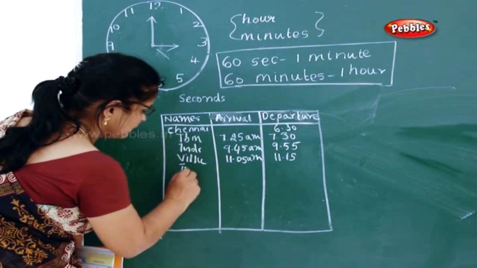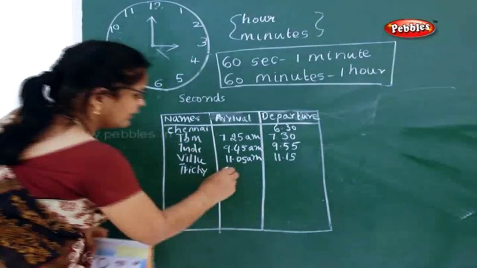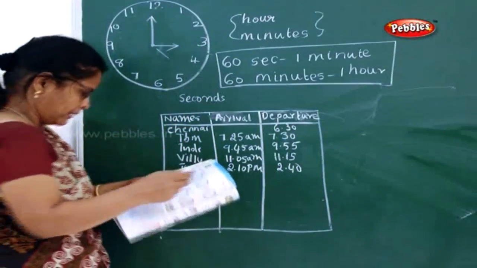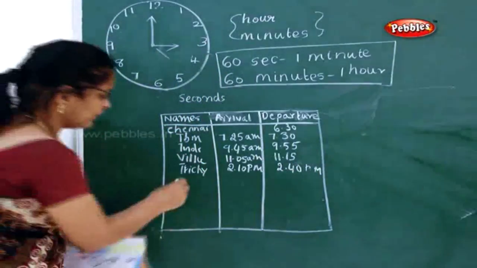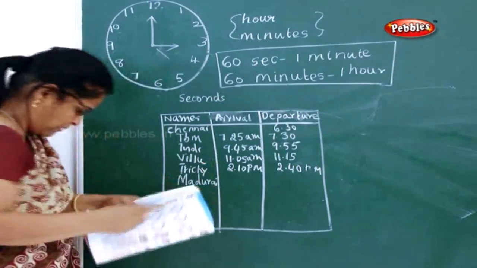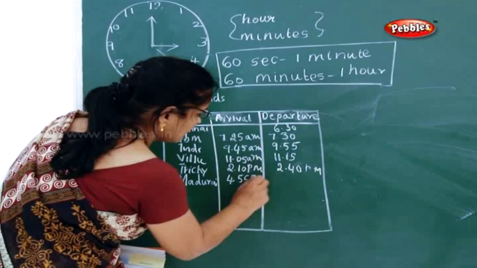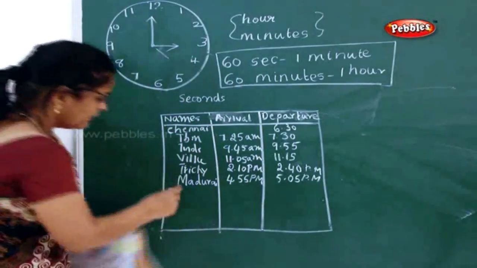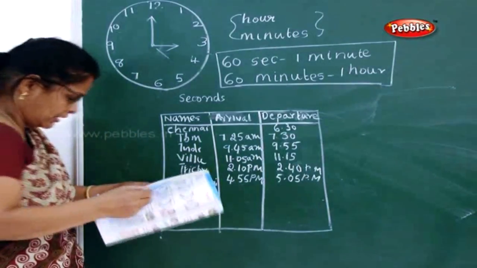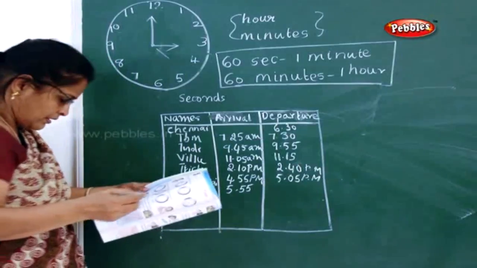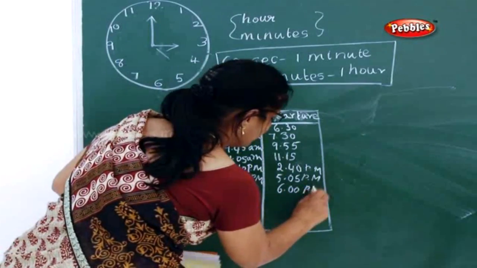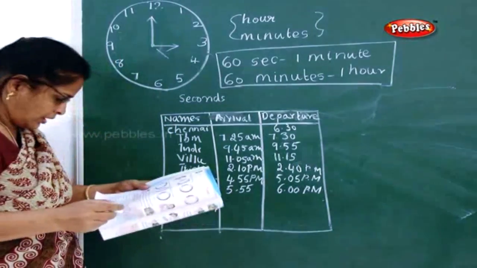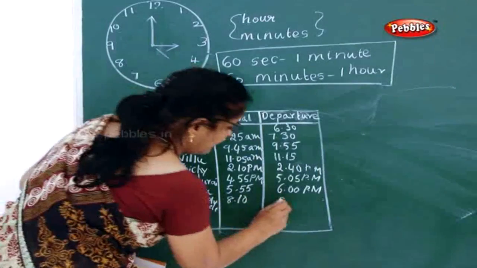Then next one is what? Tiruchi, it landed 2:10 p.m. and departed around 2:40 p.m. Then Madurai, it arrived 4:55 p.m. Then departed 5 p.m., 5 o'clock and 5 minutes, 5:05 p.m. Then Virudhunagar, it arrived 5:55 p.m. and departed 6 o'clock, 6 p.m. Then next one, Tirunelveli, 8:10 it arrived and departed 8:20.